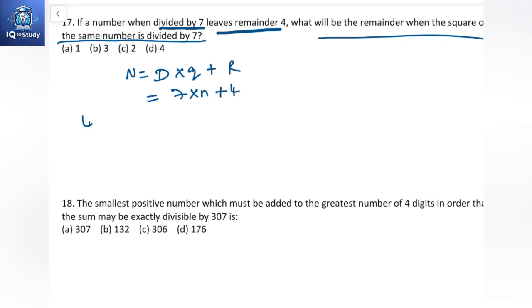Let n equal to 1. That implies number is equal to 7 into 1 plus 4, that is equal to 11. On dividing by 7, the remainder is 4 according to them.